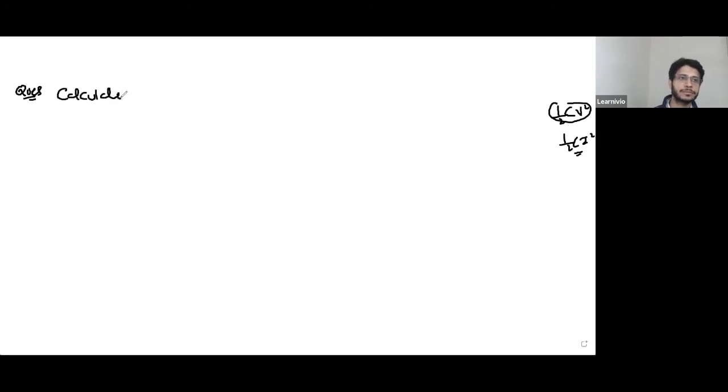Calculate energy density for inductor. Energy density means energy divided by volume.